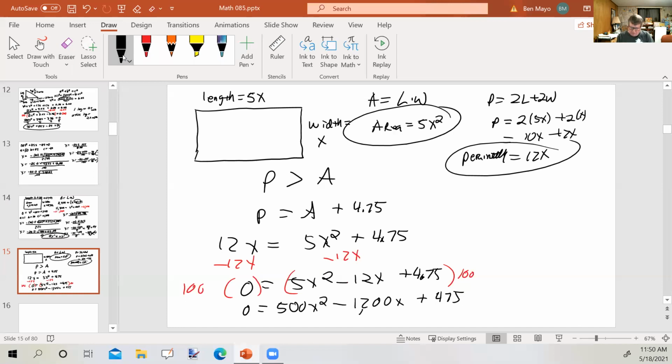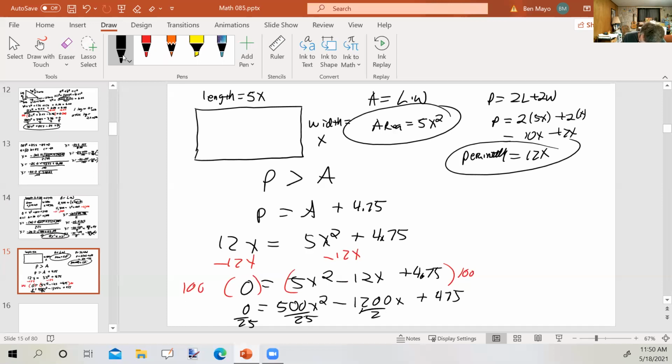I could reduce everything by dividing by 25. So we get 0 equals, let's see here, 500 divided by 25 is 20x squared minus 1200 divided by 25 is 48x plus 475 divided by 25, 19.